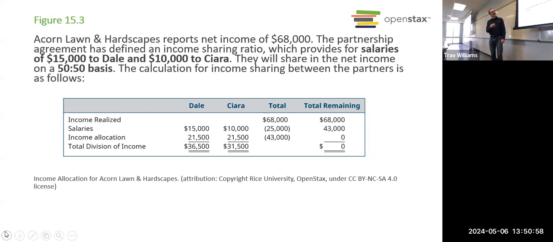Dale had a higher salary, so he ended up getting more money, even though they got the same split of the profits. So you process the salaries first, and then whatever's left over, you divide. Any questions on that?